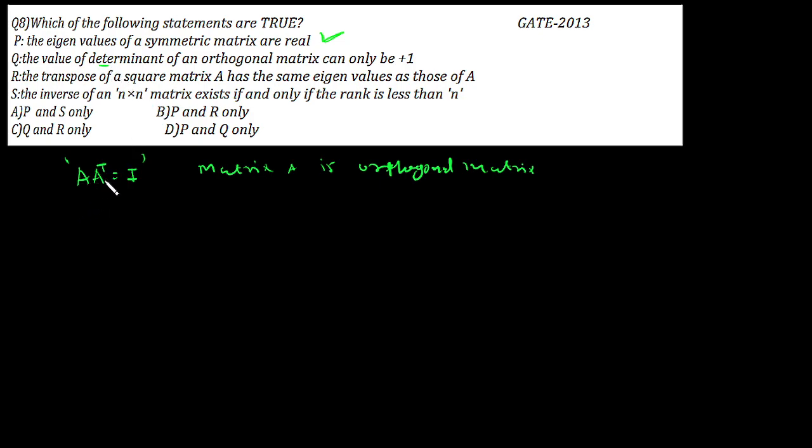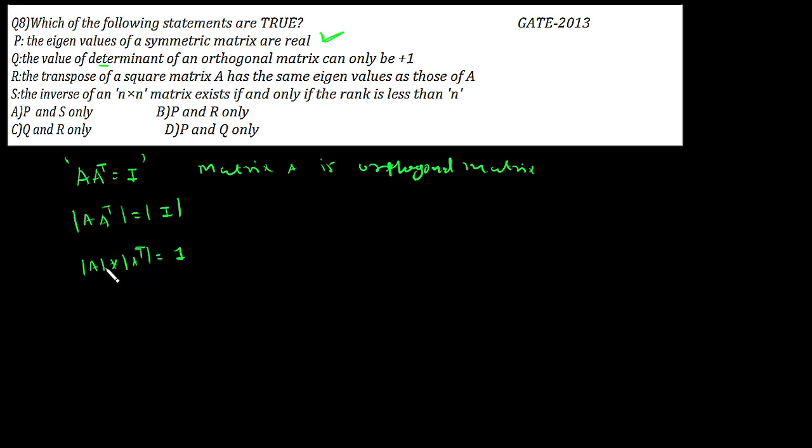So now let's take the determinant on both sides of this equation. I can write the determinant of A times A transpose is equal to the determinant of the identity matrix. Further, from the property, the left hand side equals the multiplication of the individual determinants, which is determinant of A multiplied with determinant of A transpose, and on the right hand side we have 1 because the determinant of the identity matrix is 1.